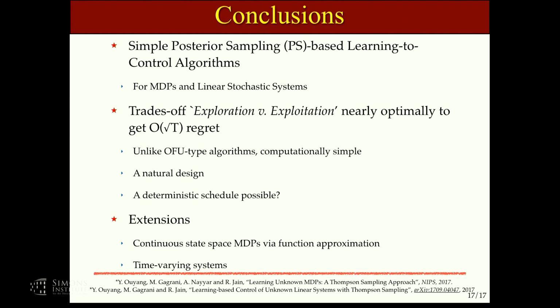I believe it is an orthogonal issue, so you could do function approximation in finding the optimal policy at the beginning of every episode, and it should be possible to extend this. I also believe there is potential to address learning for time-varying systems, where, let's say, the parameter is varying according to a Markov chain or something like that. But again, we don't have that yet.